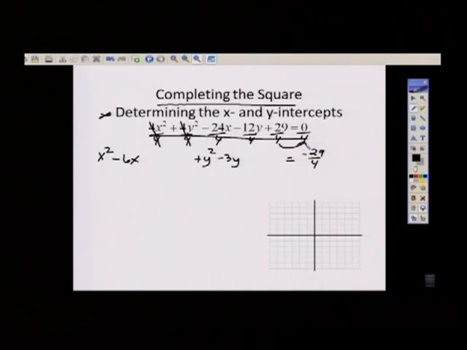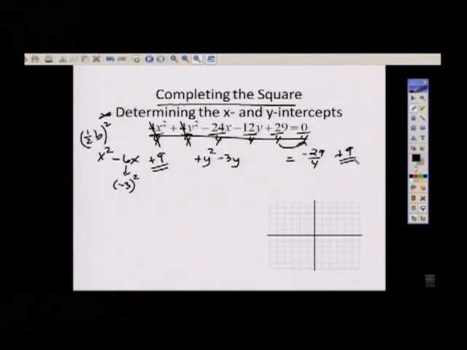So the rule with completing the square is you take half of what's called the b number and square it. Half of negative 6 is negative 3, squared gives me 9. So I'm going to add a 9 in here, but if I add a number to one side of the equation, I have to also add it to the other side.